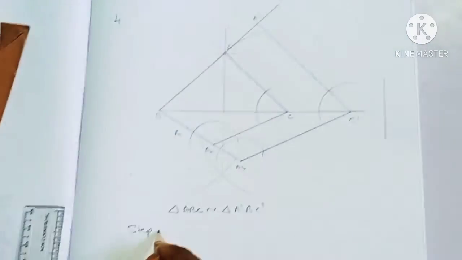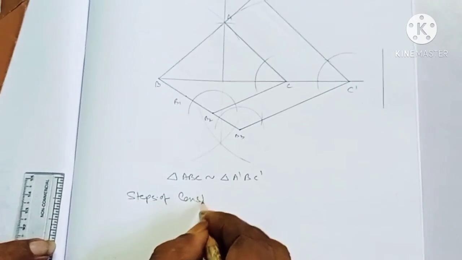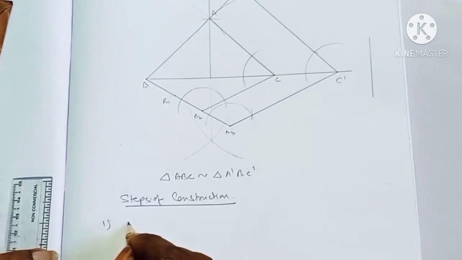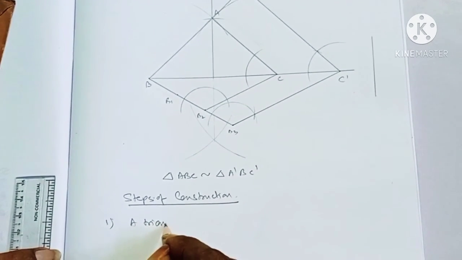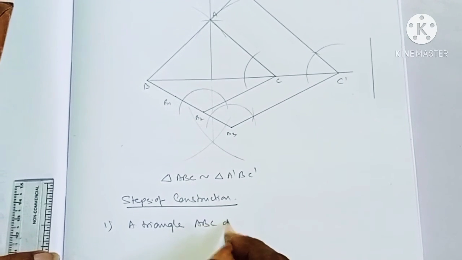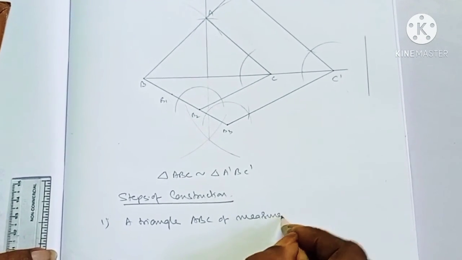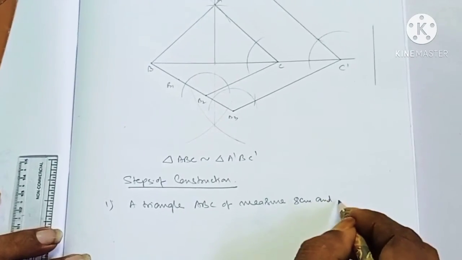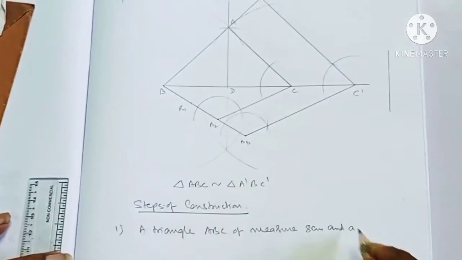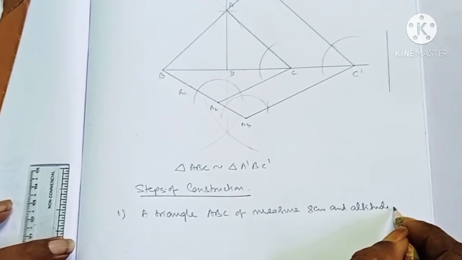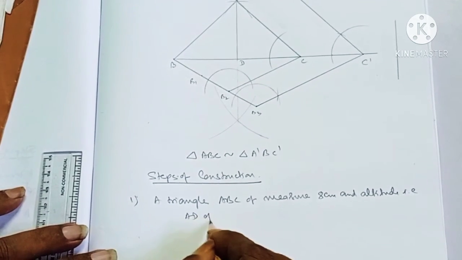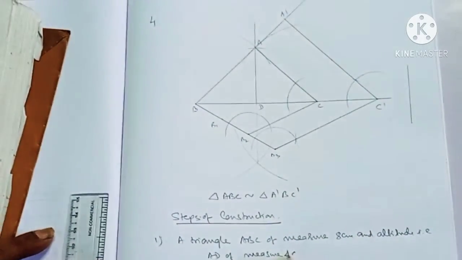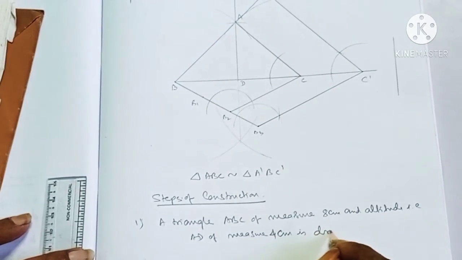So, steps of construction. First, a triangle ABC of measure 8 centimeter and altitude, that is AD of measure 4 centimeter, is drawn.